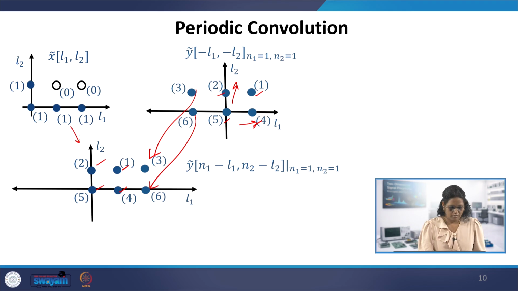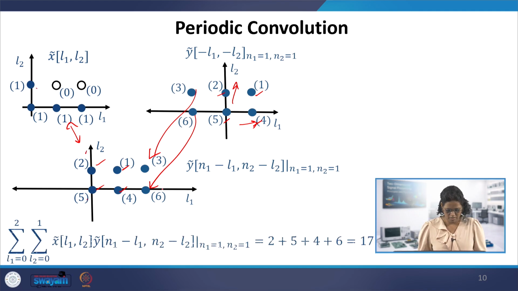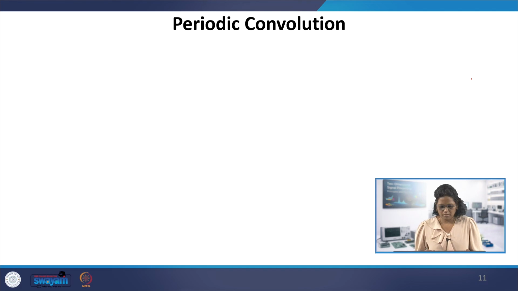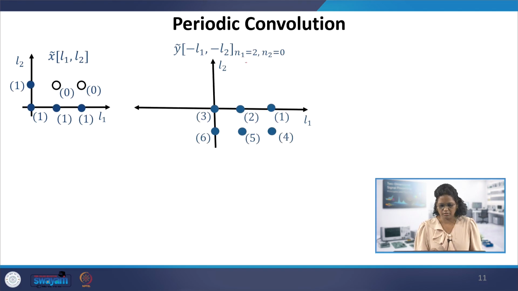Now we can find the common ones, that is 1 2, 1 5, 1 4 and 1 6. Multiply them and add this together, get 17, which is the (1,1) case, that is z of (1,1).